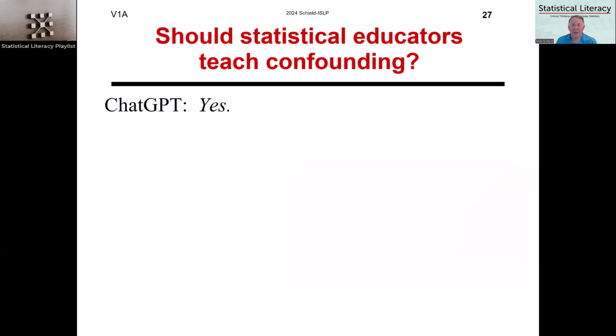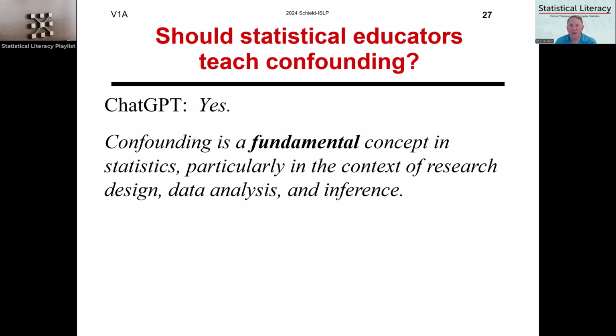So I asked Chat, should statistical educators teach confounding? I was surprised when Chat said yes. Normally, Chat doesn't answer a question with yes or no. It comes back with well, here are some reasons for saying yes, or here are some reasons for saying no. Here it said straight up, yes, statistical educators should teach confounding.